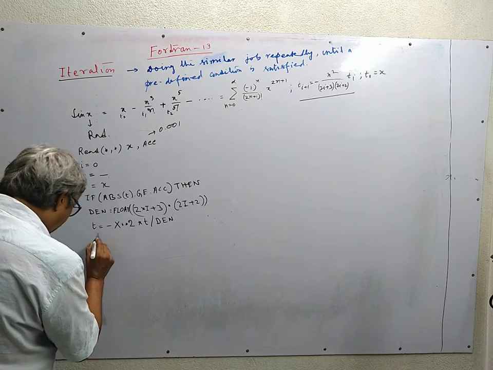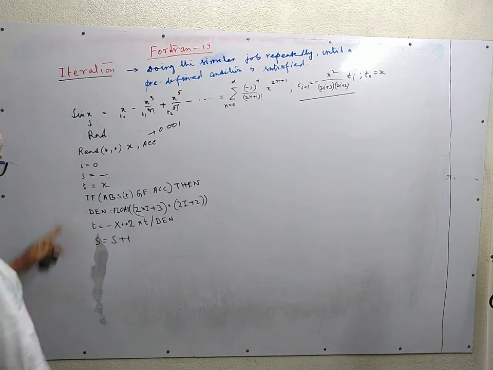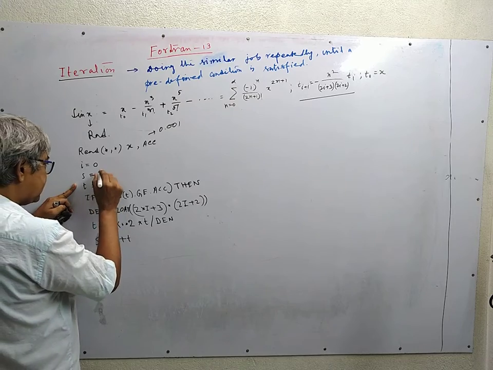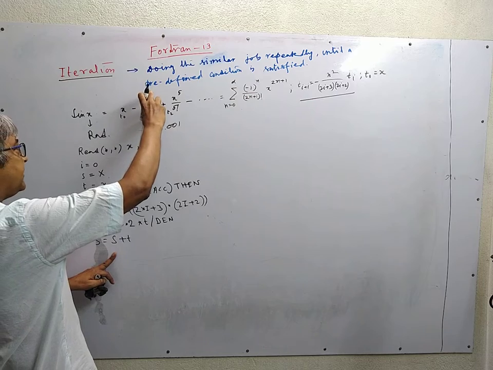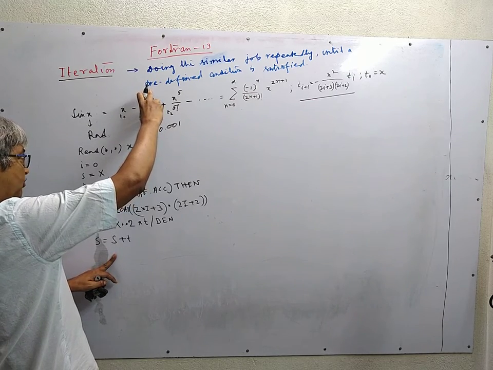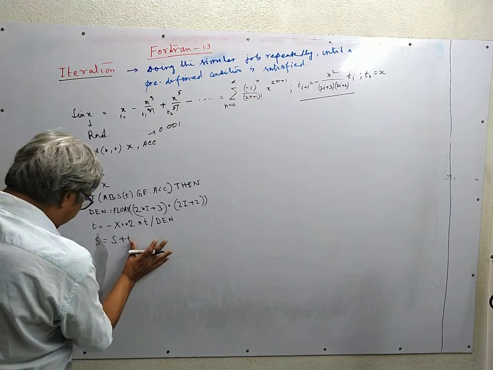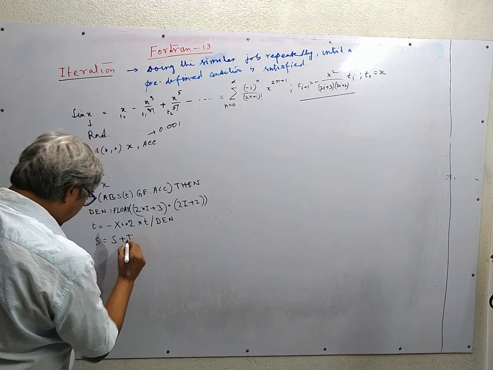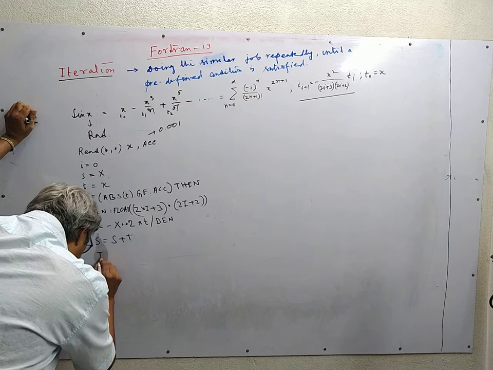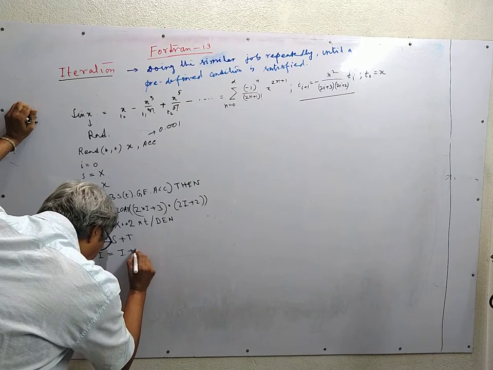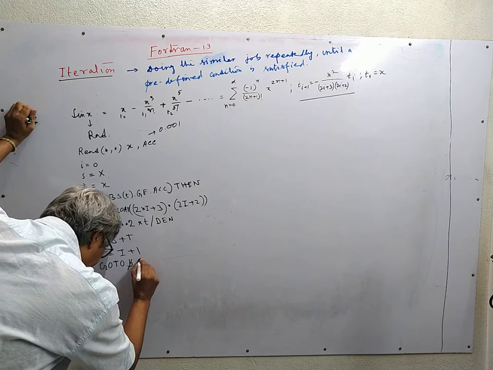Then we redefine sum as sum plus term, but sum has to be initialized. We first initialize sum to be x, so that already it is x, and then it is augmented by minus x cubed by factorial 3. And then we are to take a decision whether the other terms are to be taken or not. Then we replace i by i plus 1 and ask the system to go to statement number 1.